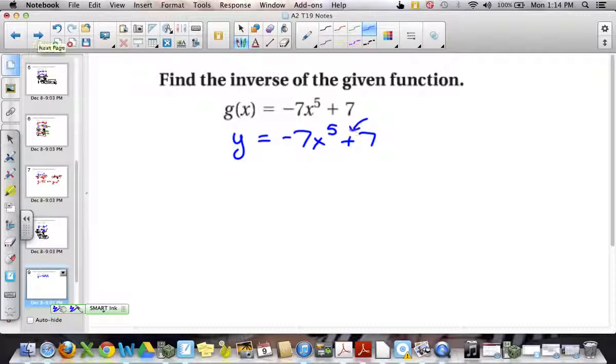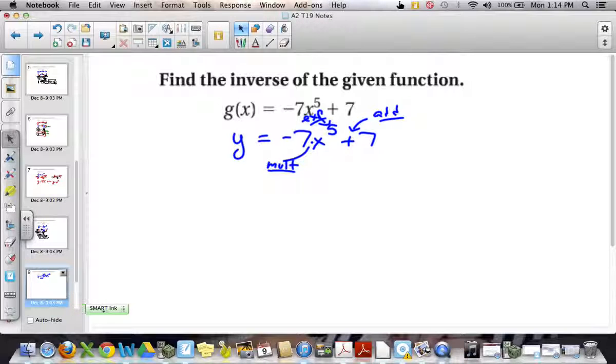We have addition here. We have multiplication. And we have an exponent. So we're going to undo those. So our answer, we should have subtraction, right, to undo the addition. We should have division to undo the multiplication. And we should have a root to undo the exponent.